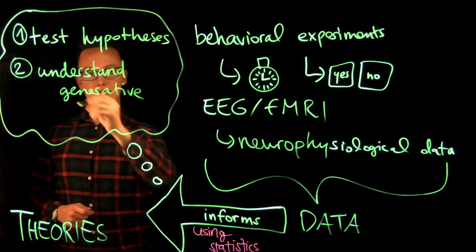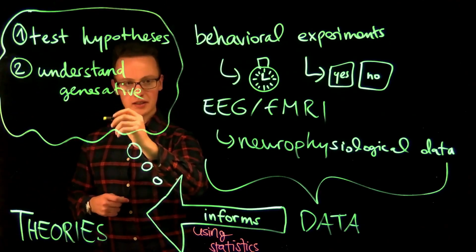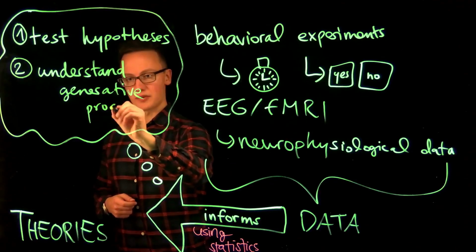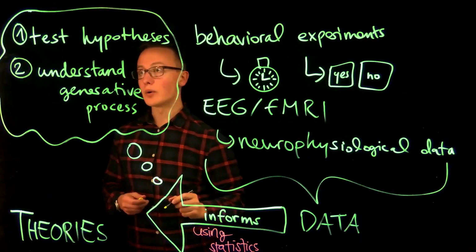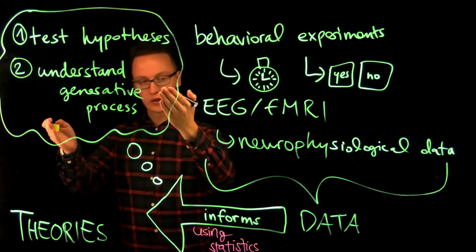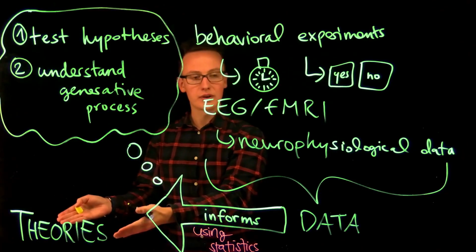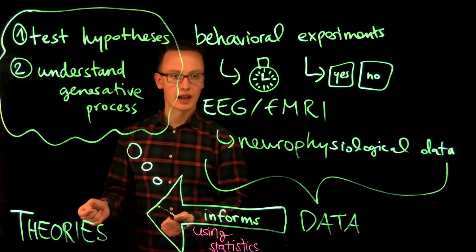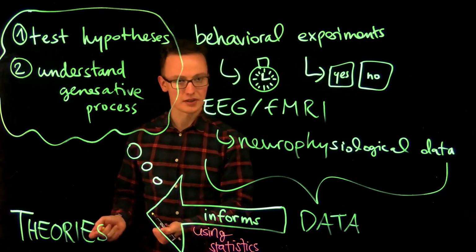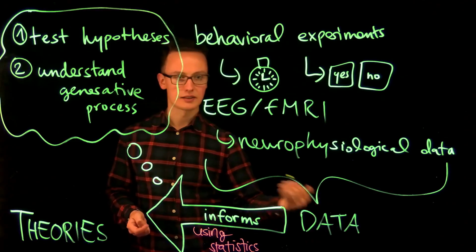Both of these ways we'll look at in the course of this lecture. Both of these serve the ultimate goal, of course, to further constrain the possible theories that can be true and to reject the theories that are not consistent with what the data tells us.